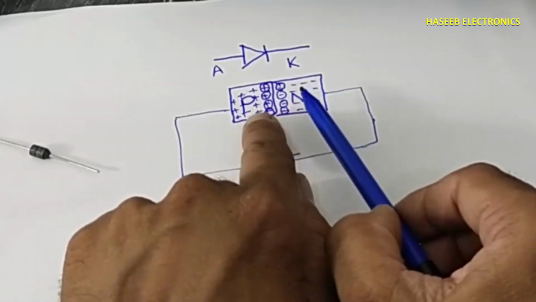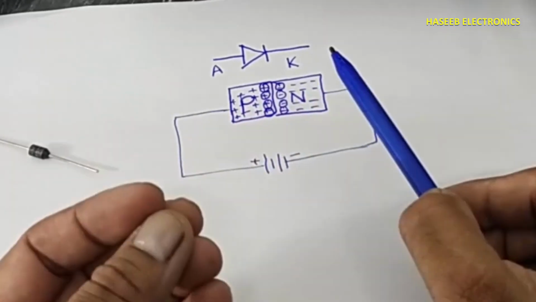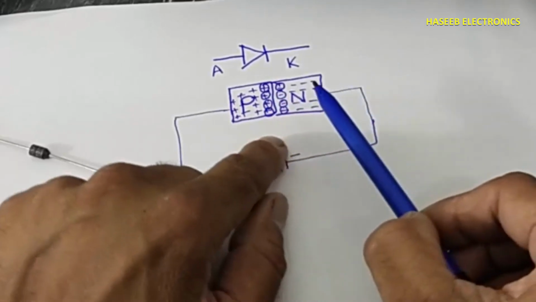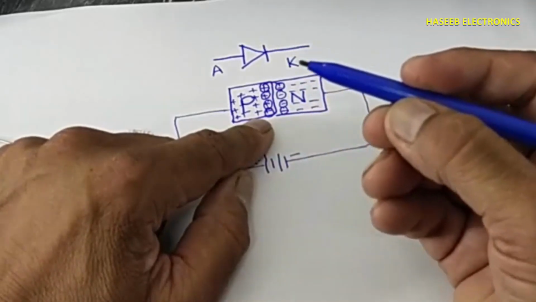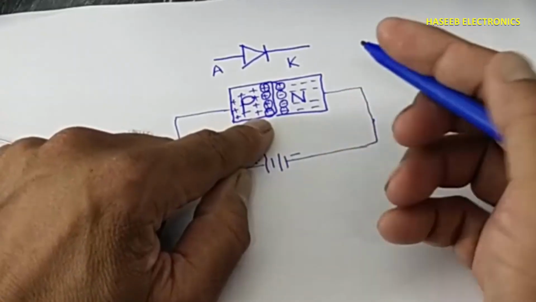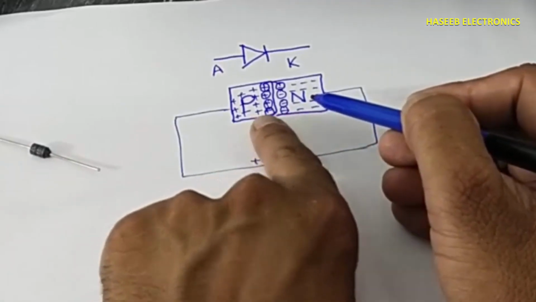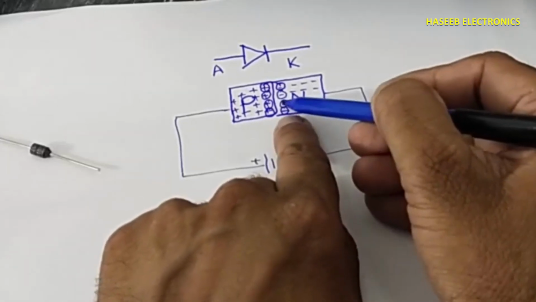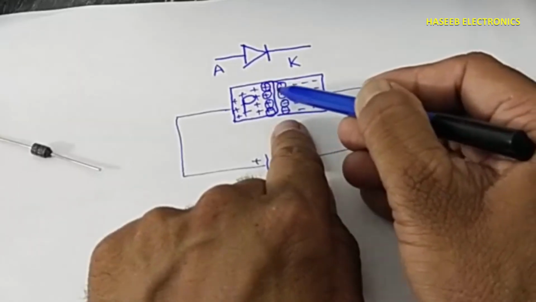Why? Because this positive charge will attract these free electrons. When it is forcing to move, until the voltage reaches 0.7 volt in case of silicon, 0.3 volt for germanium materials, at that time its bonding will break and these free electrons from here will move into this neutral area and start to jump here.